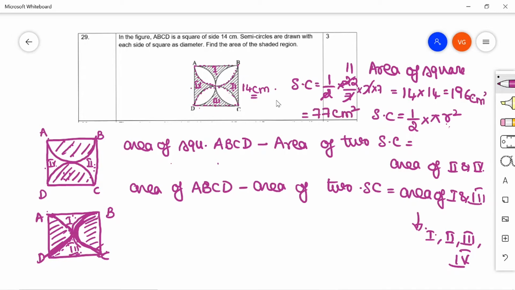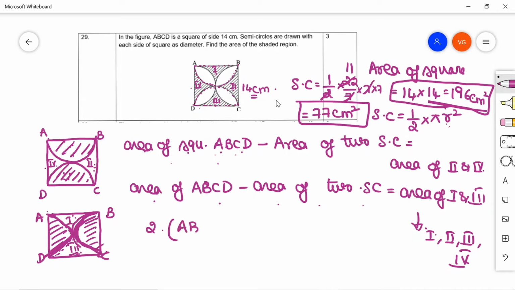This is also 196 centimeter square. So I found the area of semicircle and the area of square also. So if I add up here, what happens? Area of square ABCD minus area of two semicircles plus area of ABCD minus area of two semicircles. That means 2 times ABCD minus 2 times the two semicircles, right?